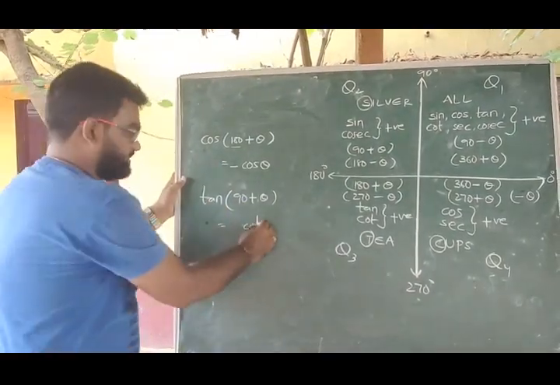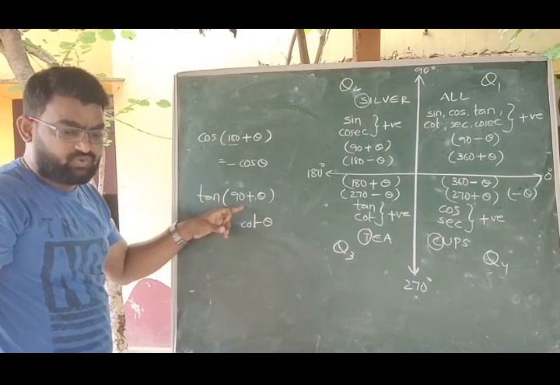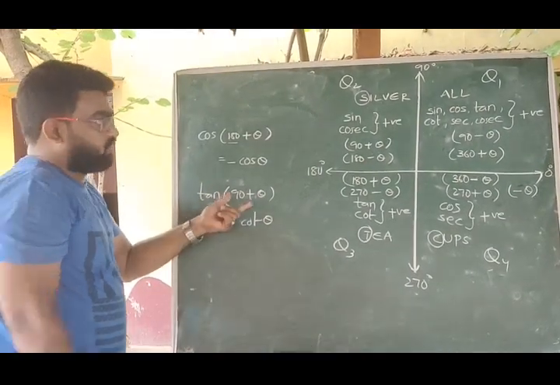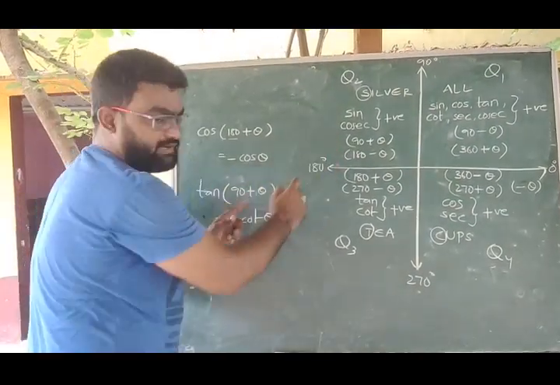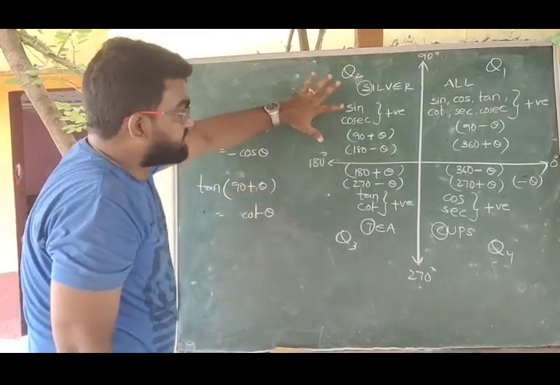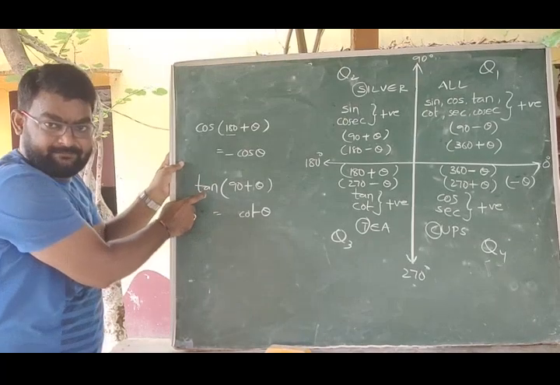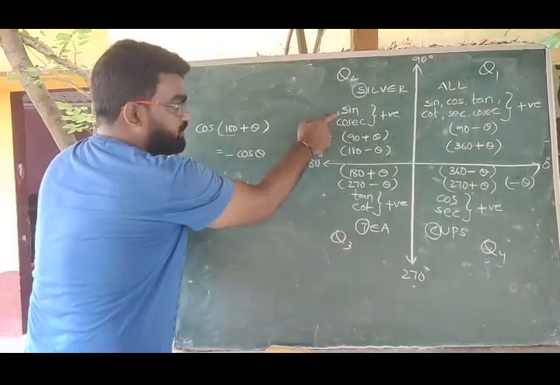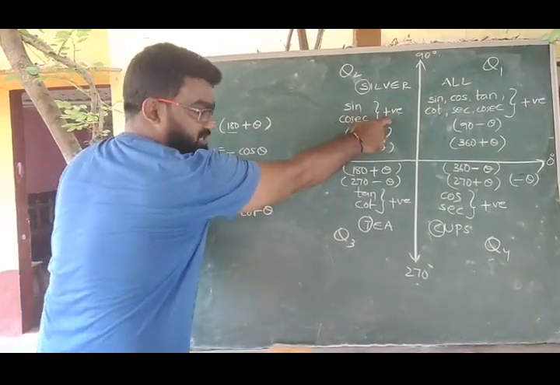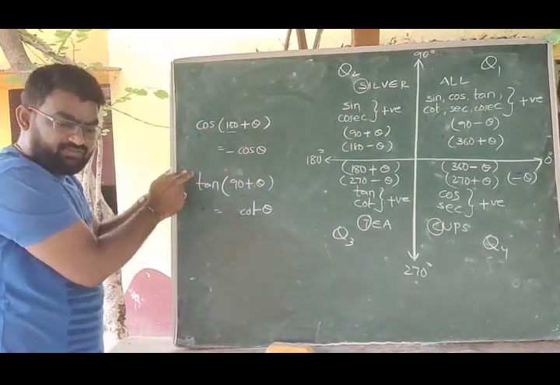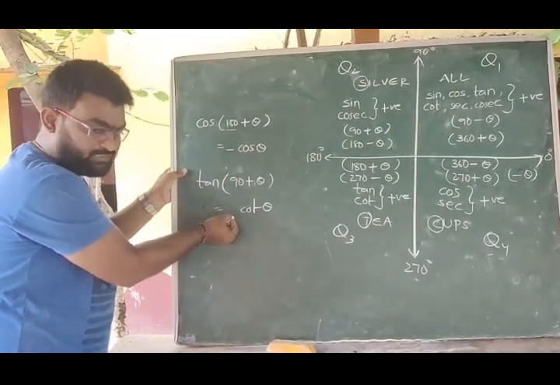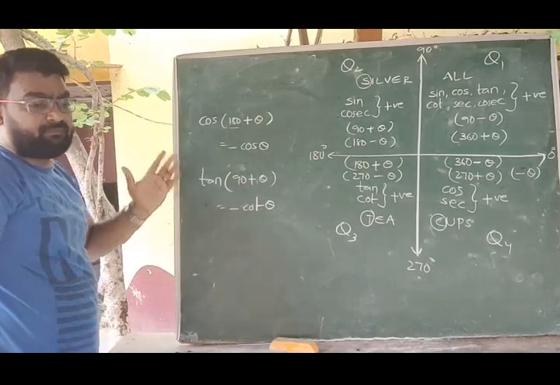Tan becomes cot. Which quadrant is this lying in? Quadrant 2. In quadrant 2, sine and cosecant are positive, rest all will be negative. But in the question we have tan, so obviously what symbol will come? Negative. So minus cot.